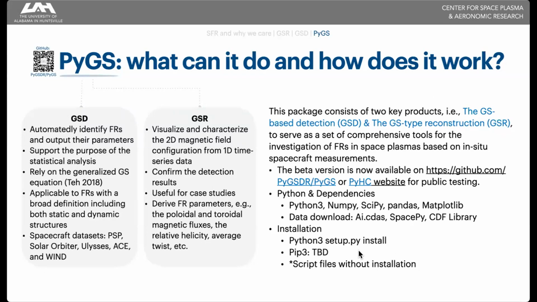The embarrassing thing is that our name PyGS has been occupied by another Galaxy project, so that's why it is still to be determined. The third option is to run this PyGS package via script files without installation. I would say it may be better for those people who are familiar with the file group structure, such that they can do their own improvements or modifications.